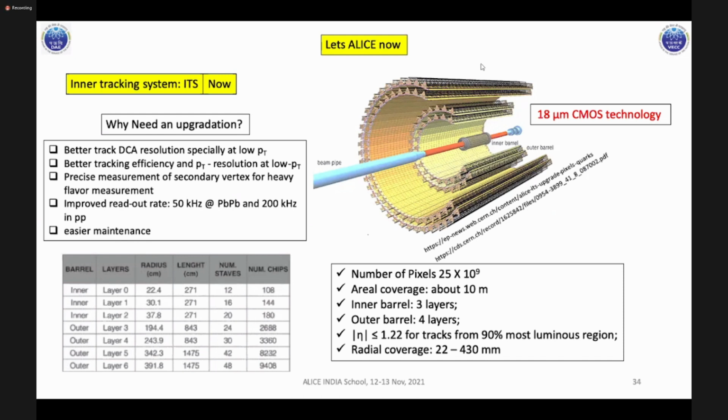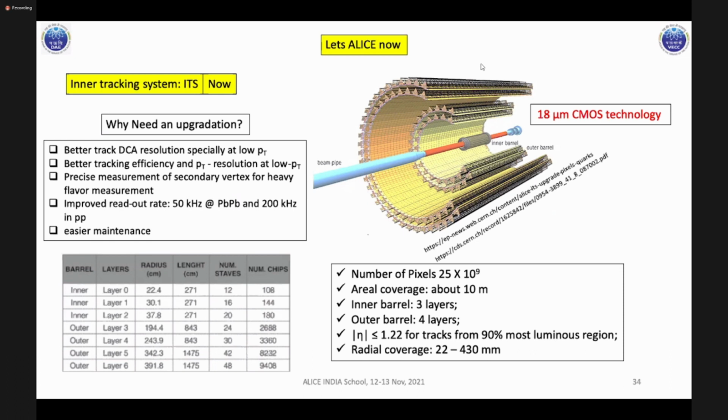All these silicon detector layers are made with MAPS, with CMOS technology. So the detectors are very thin and highly granular. The granularity can go up to say 30 micron by 30 micron, unlike 1 centimeter square or something like this. So we can have very good position resolution, and very closely spaced tracks can be easily resolved with this present configuration compared to the earlier setup.